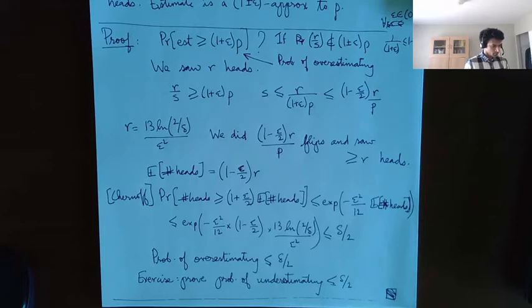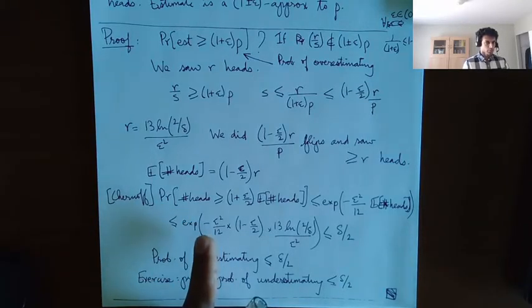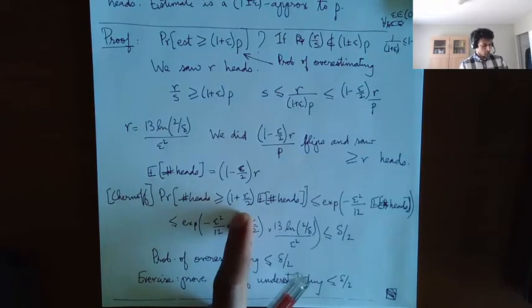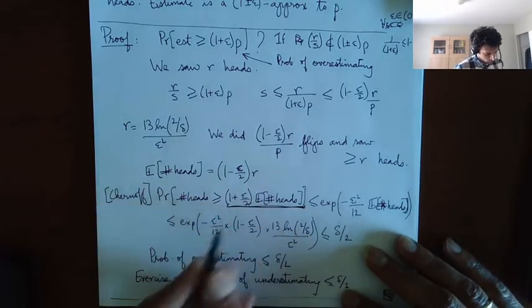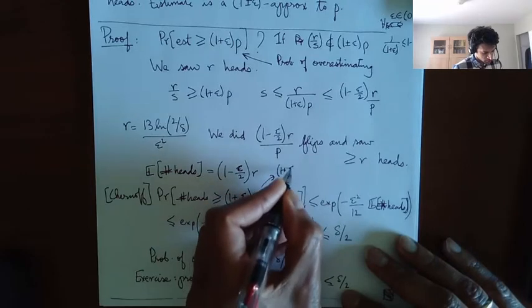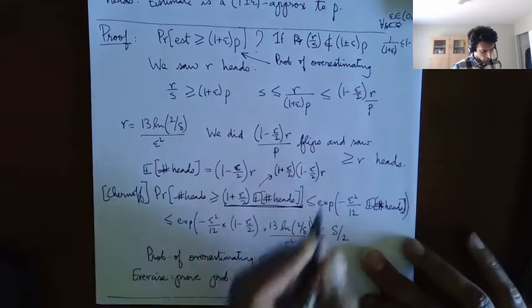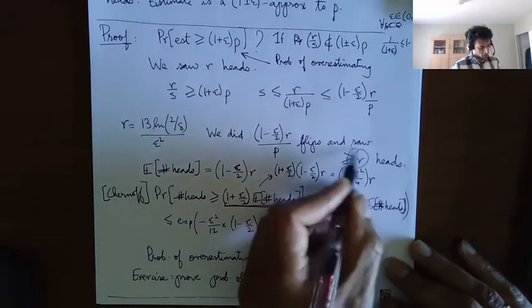My question is, the expected number of heads is (1 minus epsilon) over 2 times R, but then we use the Chernoff bound to calculate the probability of the number of heads being greater than (1 plus epsilon) over 2 times this. So what is this? It is (1 plus epsilon) over 2 times (1 minus epsilon) over 2 times R, which is (1 minus epsilon squared) over 4 times R. So R is greater than this.